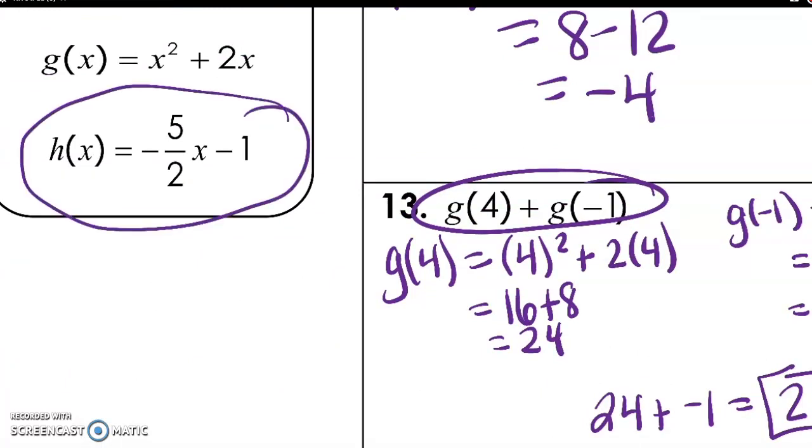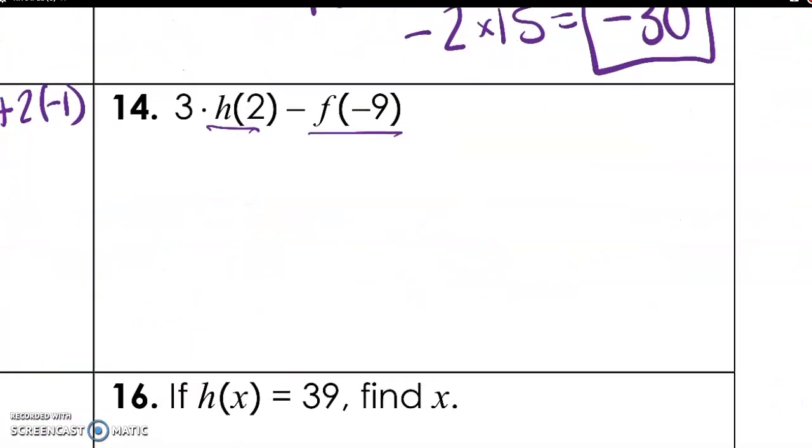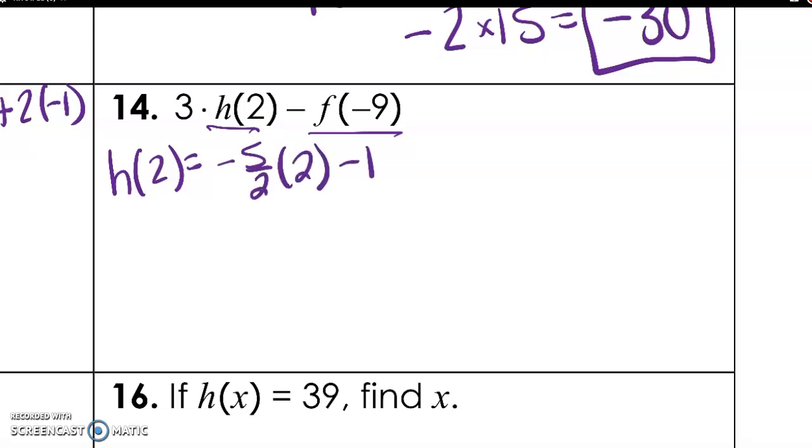So that's the one that we are plugging in first, and we're plugging 2 into that. So h of 2 is equal to -5 halves times 2 minus 1. -5 minus 1, which is -6.